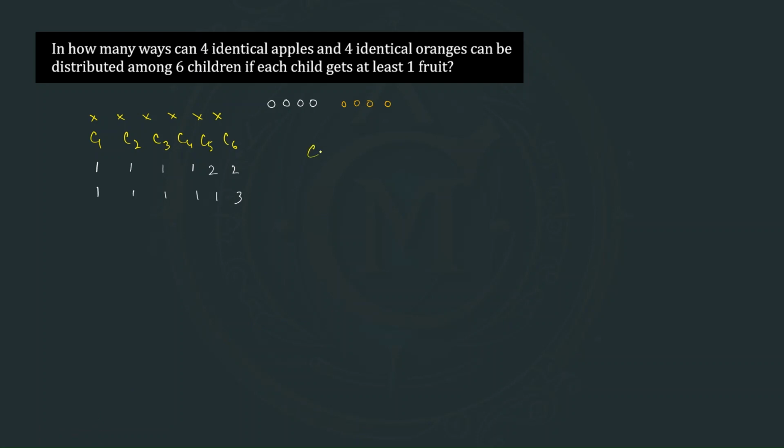So let us take case 1. These two children get two fruits and the rest get one each. So we can again number the children: C1, C2, C3, C4, C5, and C6.